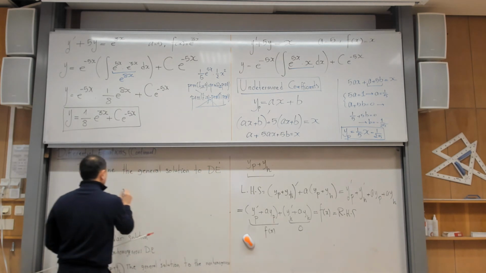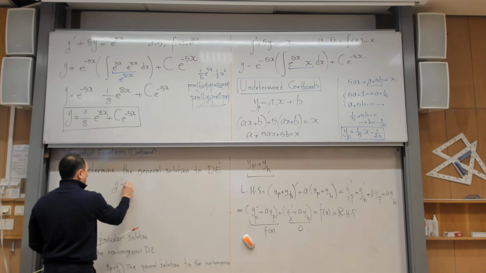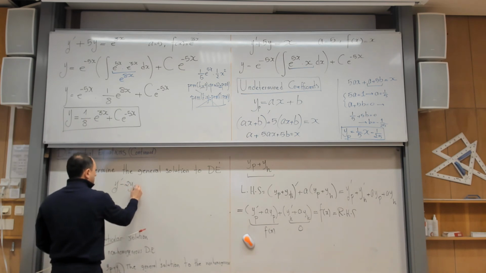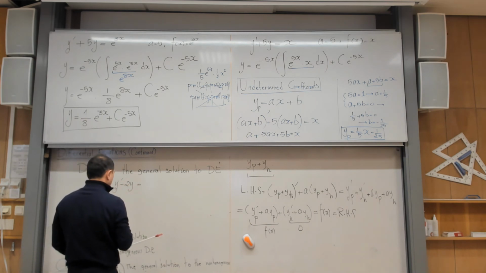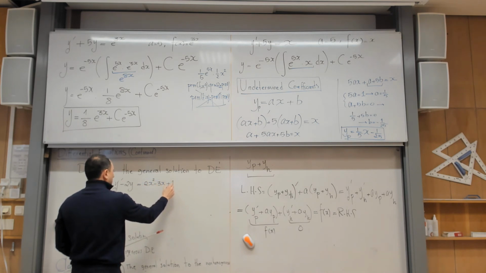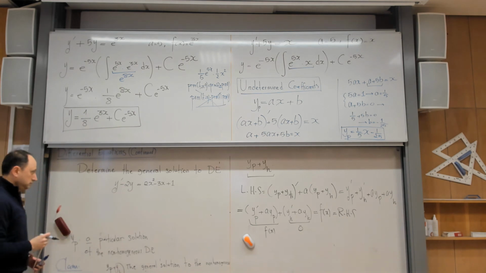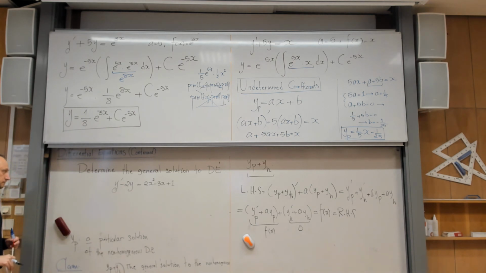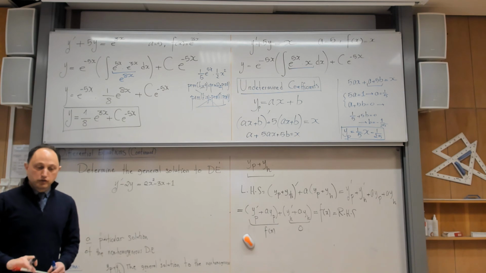So let me write it here. y prime minus 2y equals 2x squared minus 3x plus 1. Okay, so we want to do this.